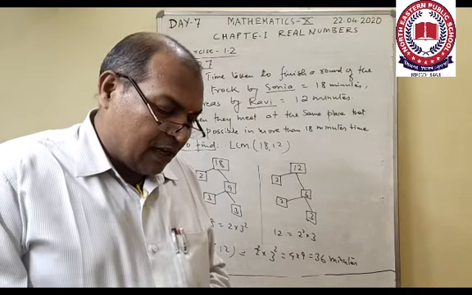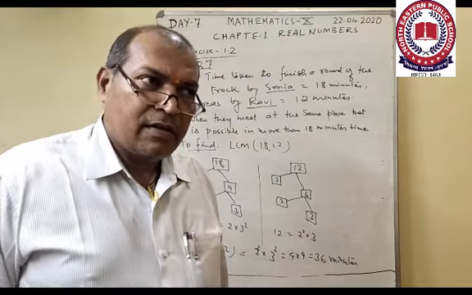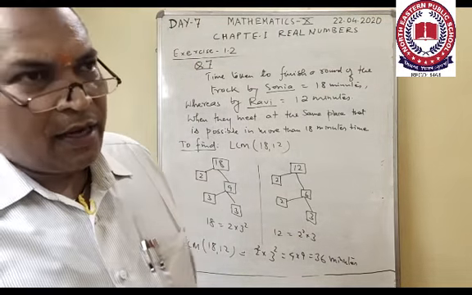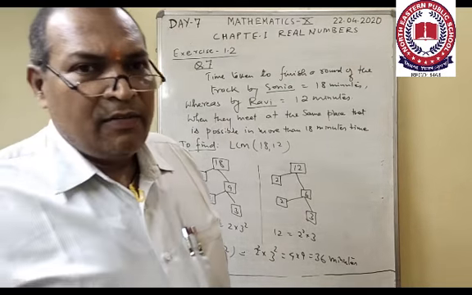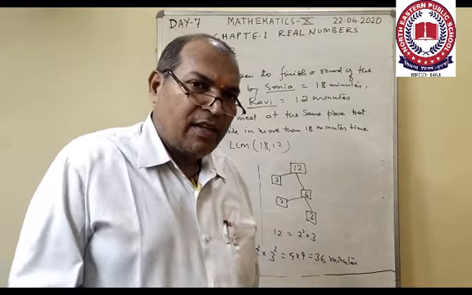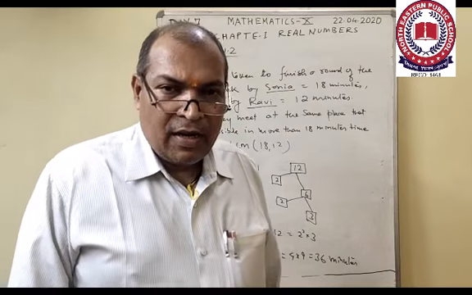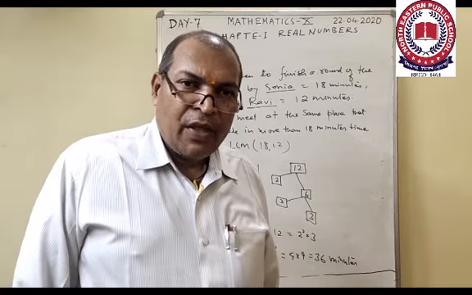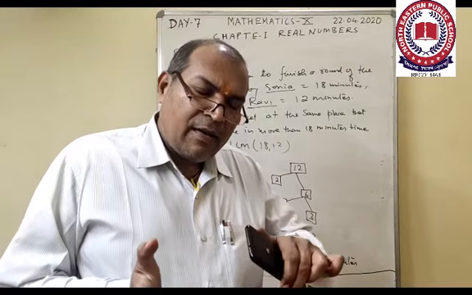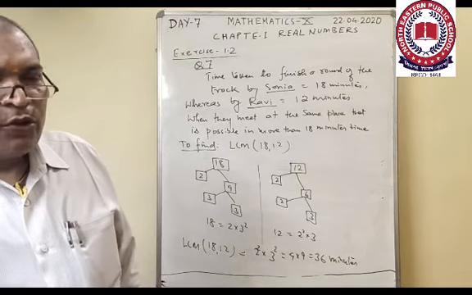Second, in the very beginning, in the second video, I explained how to identify whether a given rational number in the form of p by q will be a terminating decimal or a non-terminating repeating decimal. So all these lectures have been given already. So you are supposed to go through those lectures.